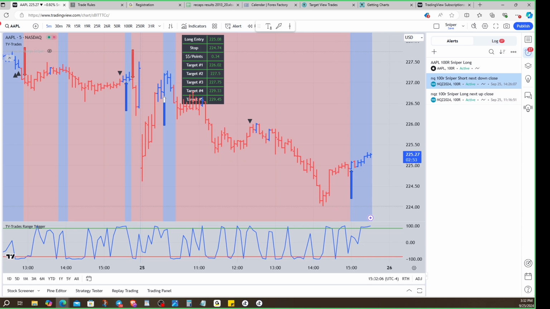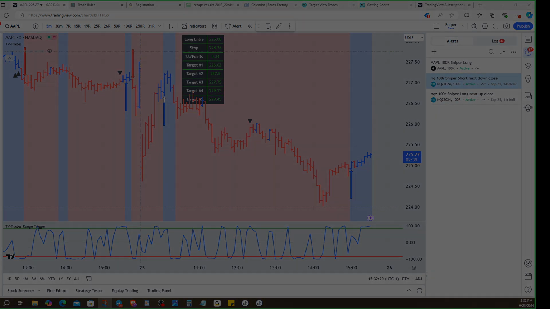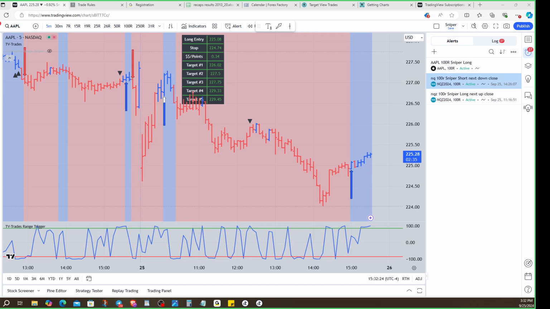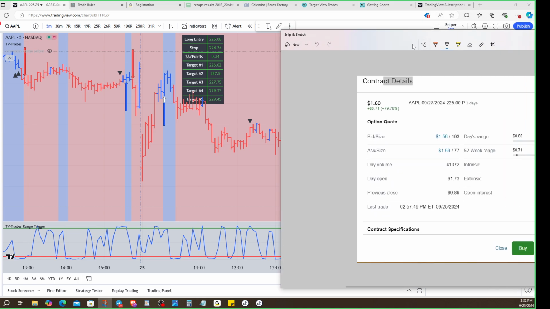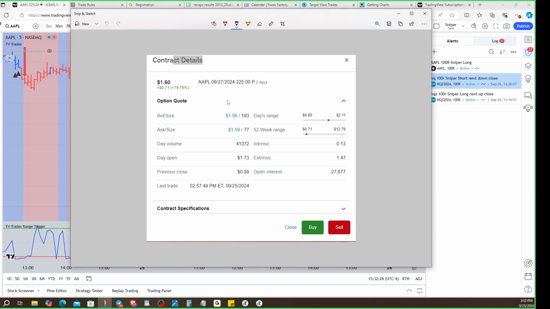Let's go take a look at the 225 puts. Hang on, I think I had that up here somewhere. No, here it is. Here, I'll do it this way. Here are the puts on Apple today.